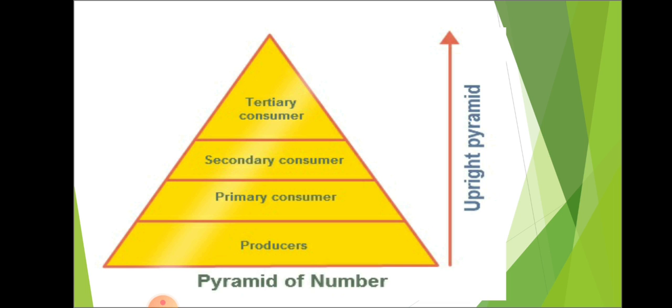Let's say for example, in an aquatic ecosystem or grassland areas, autotrophs, or we can say producers, are present in large number per unit area. Then the producers support a lesser number of herbivores, which in turn supports fewer carnivores.